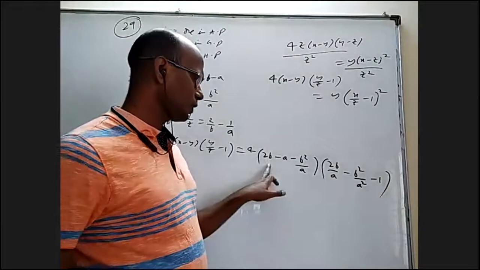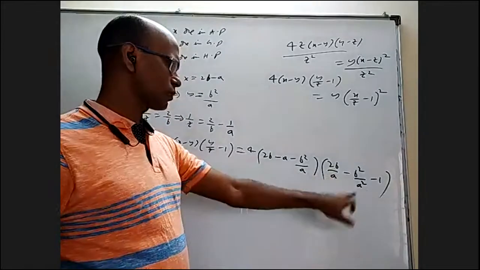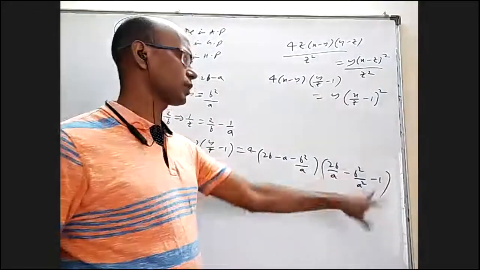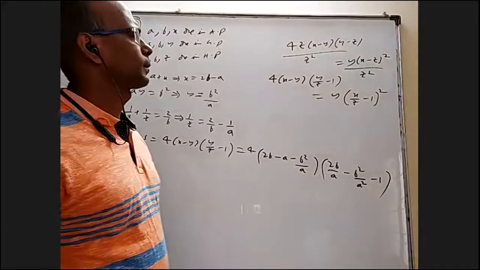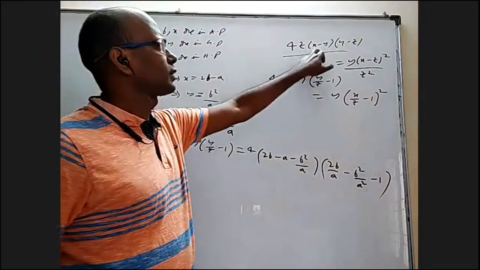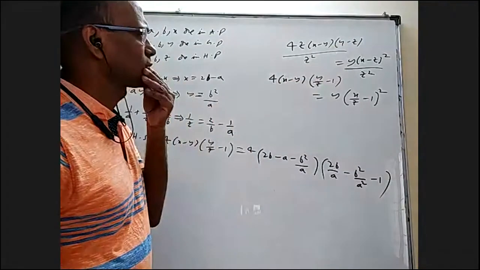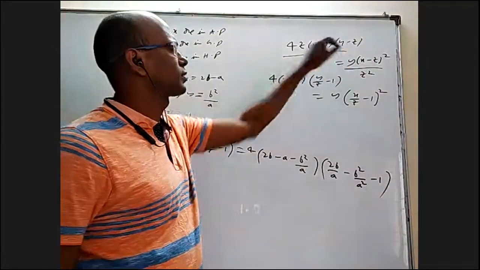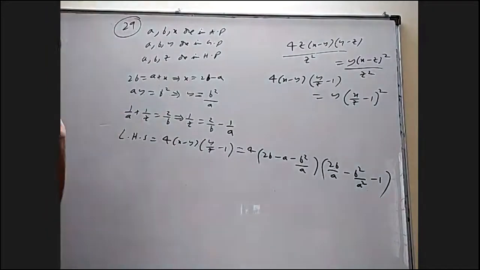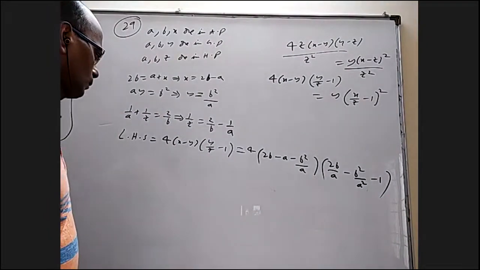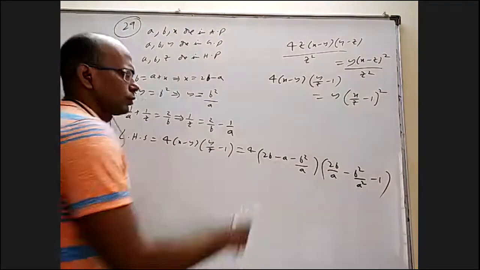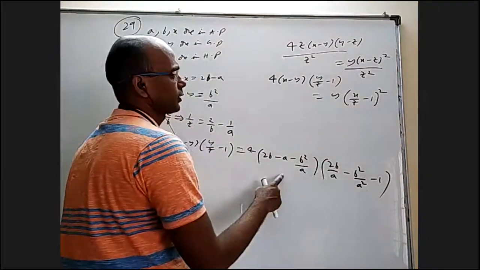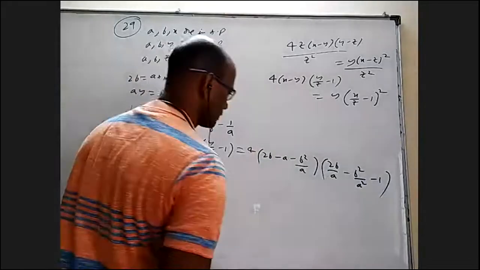Divide this with a, this will come. Divide this with a, this will come. Okay, so this is at least a perfect square, and we want x minus z.